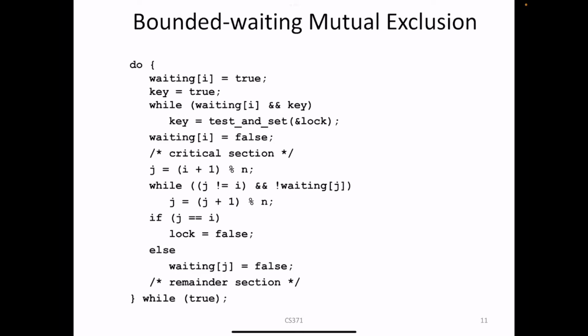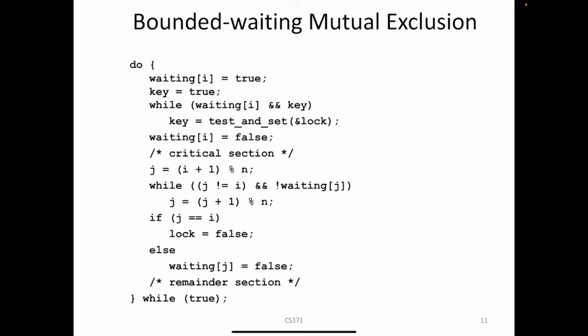Then do the while loop again. Since key is false now, we get out of the while loop. Then change waiting[0] to false, because P0 is on the CPU now and ready to access the critical section. Then P0 accesses the critical section.